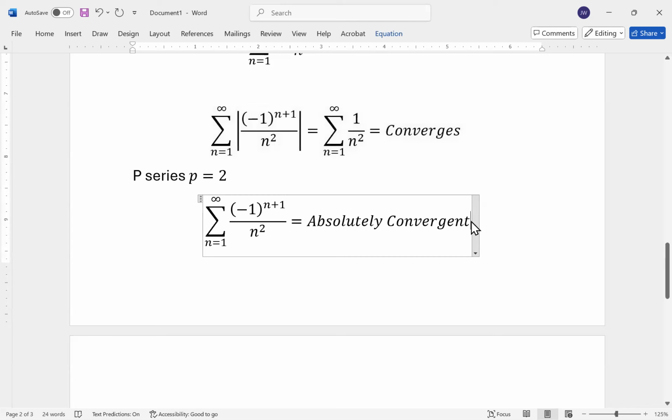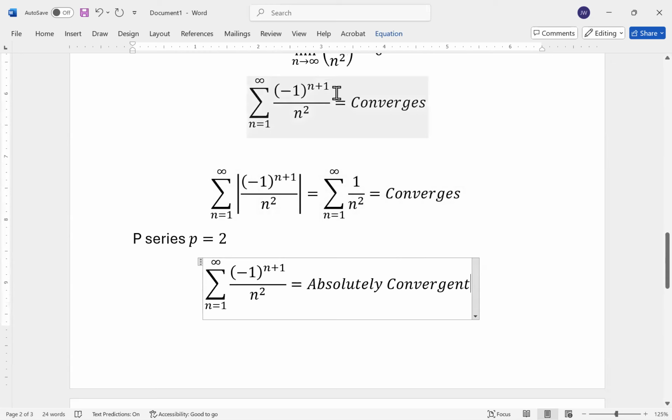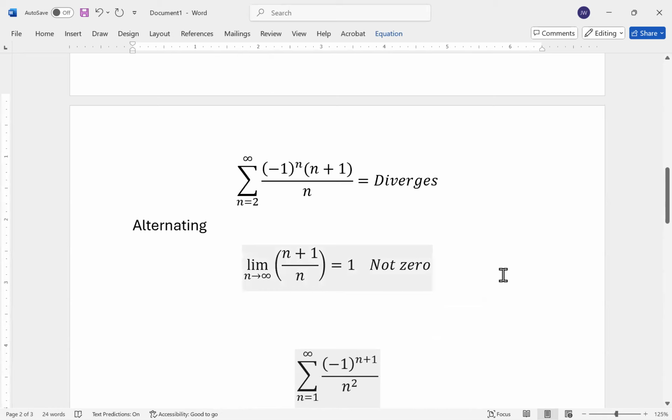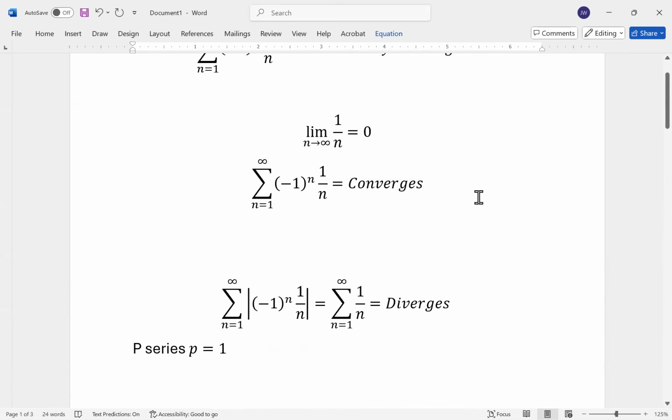These are the three types of convergence that we'll see. If the series converges and the absolute value of the terms series converges, then we say it's absolute convergence. If the series diverges, then the series is divergent.